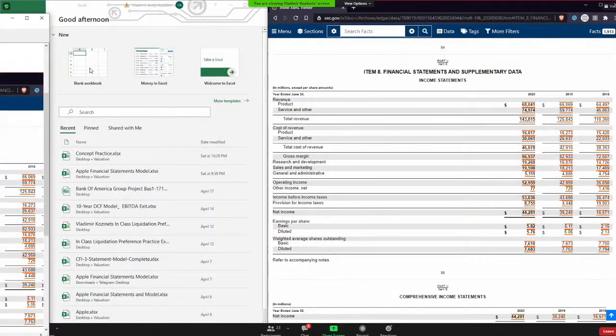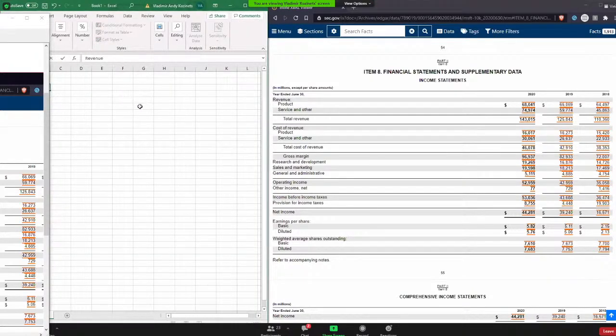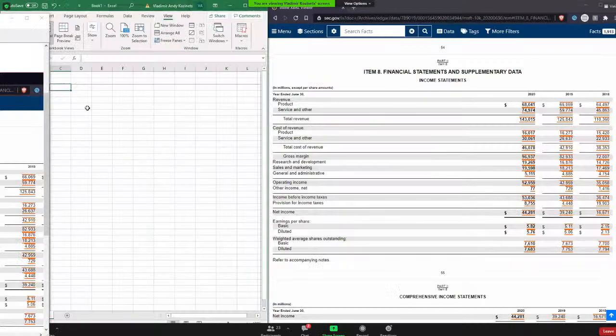Okay, so we're going to do the 3 financial statements, and I'm just going to show you guys how to do it in Excel. And later on, I'll link the Excel file so you guys can easily do them very quickly. So let's start off with putting in all this stuff right here.